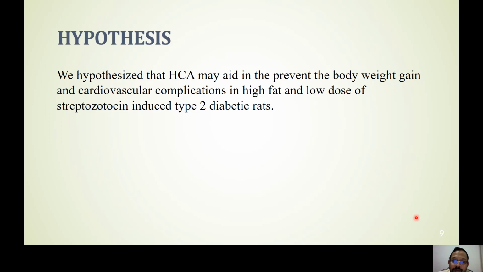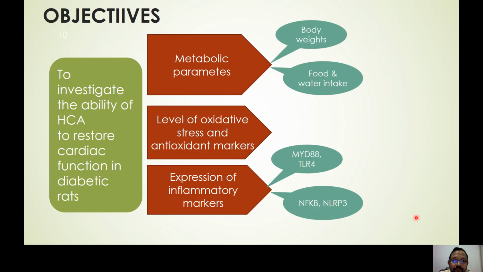For my type 2 diabetes rat model, we used high fat diet treated rats and low dose streptozotocin induced rats. Normally, rats were fed with a high fat diet for 12 weeks. At the end of the 12 weeks, we injected 55 mg per kg body weight of streptozotocin. This resembles type 2 diabetes in humans.